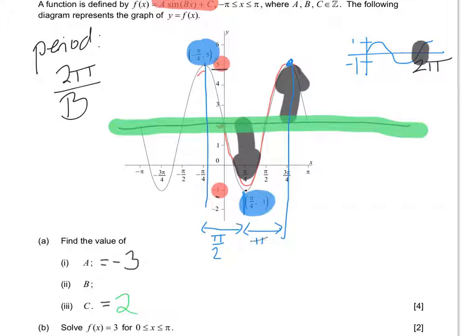So in total here, the period is pi. So if I use this relationship, the period is 2 pi over something, I'll have to get the answer pi. Well, that should be obvious what b is from that. B is 2 as well.